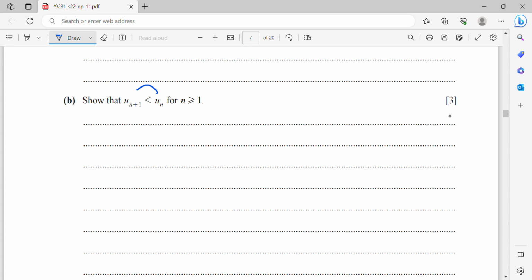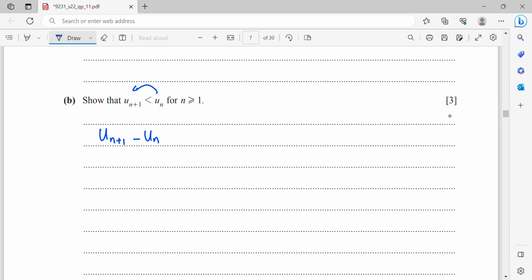So I will move this un to the left hand side and prove that it is less than 0. In other words, it will be un plus 1 minus un less than 0. So I will start solving this.